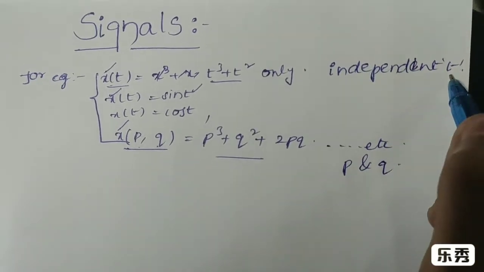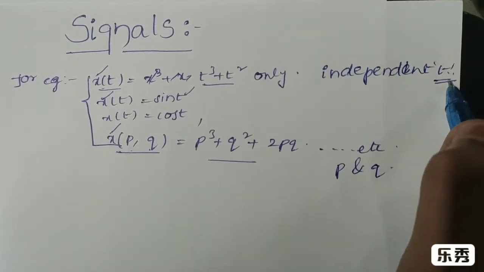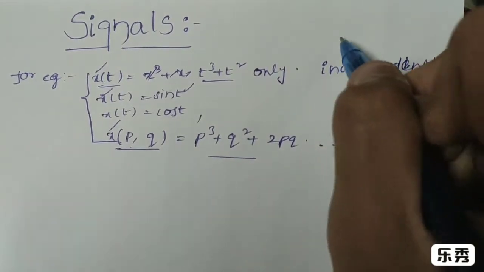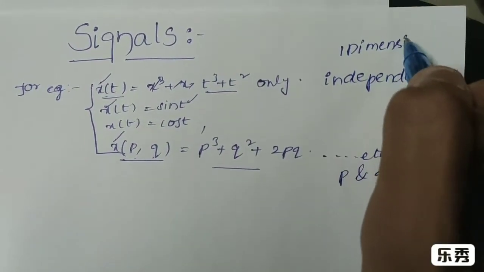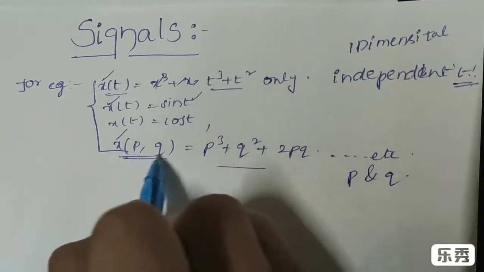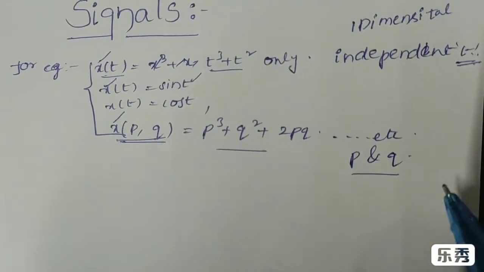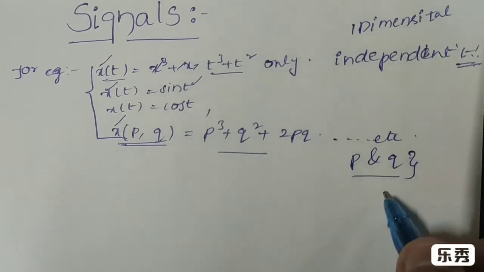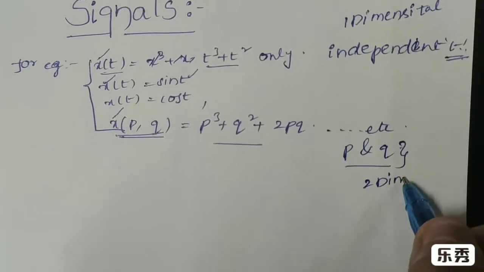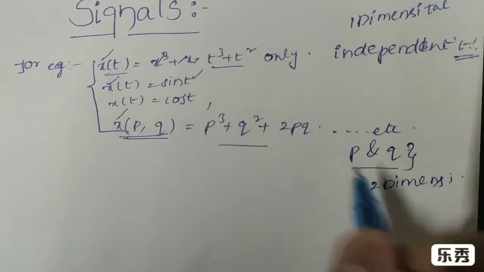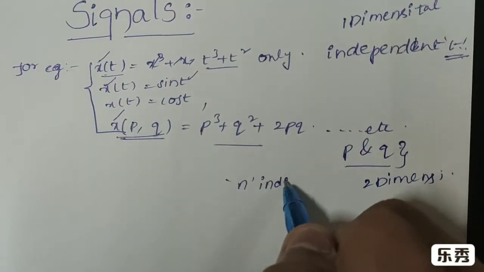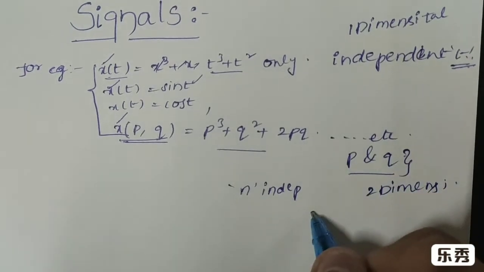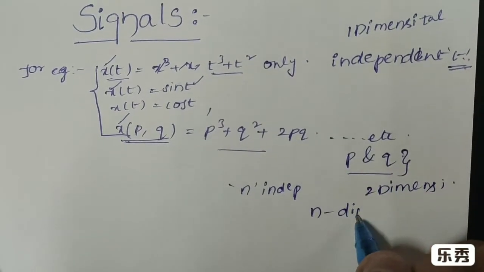If the independent variable is one, it's called a one-dimensional signal. If the signal has two independent variables, it's called a two-dimensional signal. In the same way, if it has n independent variables, it is said to be an n-dimensional signal.